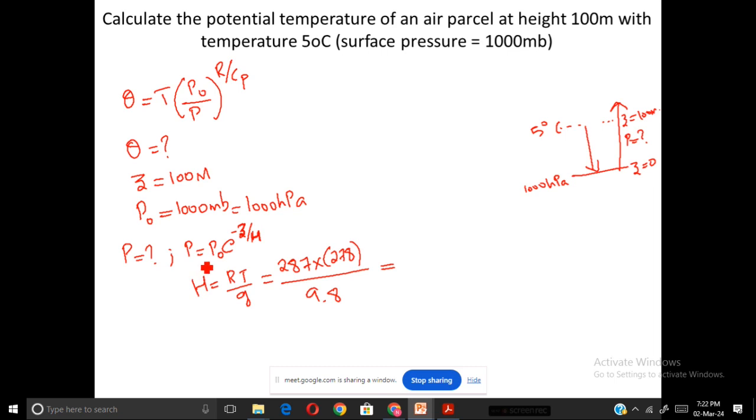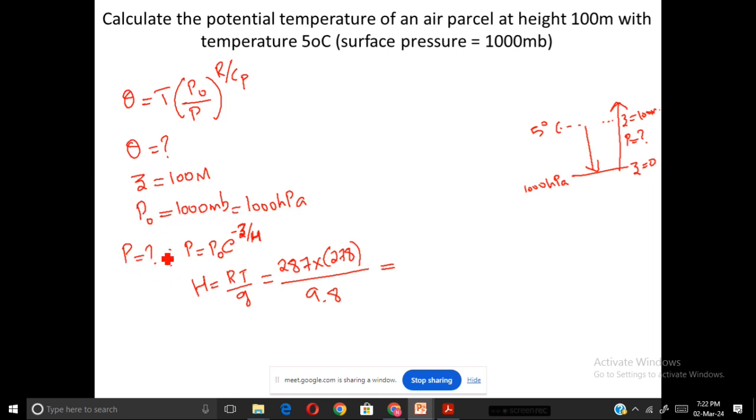Is it clear? So we want to find the potential temperature, which is given as theta is equal to T (P0 by P) raised to R by Cp. We have to calculate the value of theta. We know the value of Z, which is 100 meter. We know the value of P0, which is 1000 millibar or 1000 hectopascal.